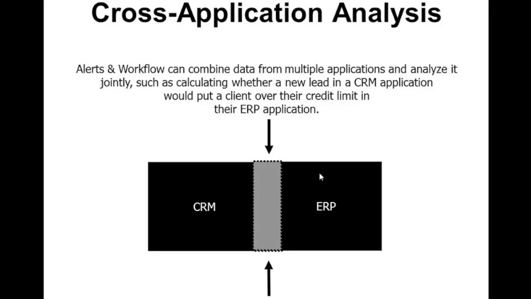When someone enters a new sales opportunity in your sales system, is there some sort of automated process that checks to see if that customer has the available credit based upon their existing open receivables balance and their existing credit limit? Is there that cross-application checking? Again, a nice bit of functionality.